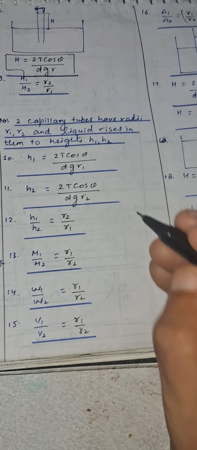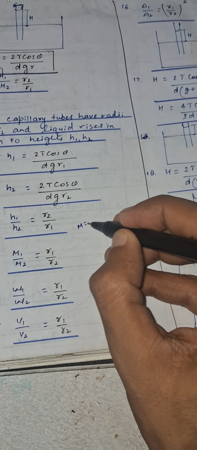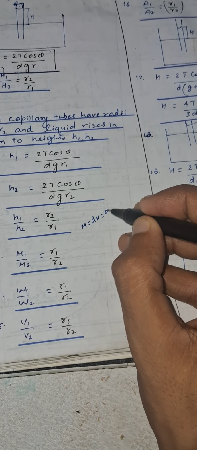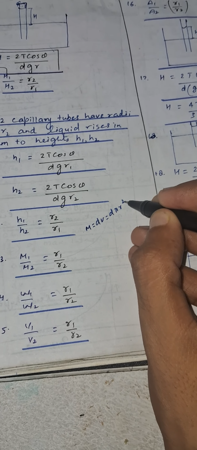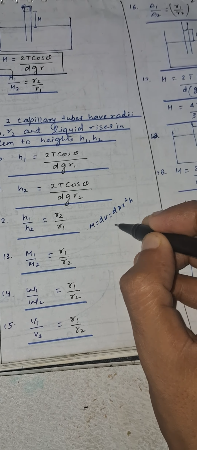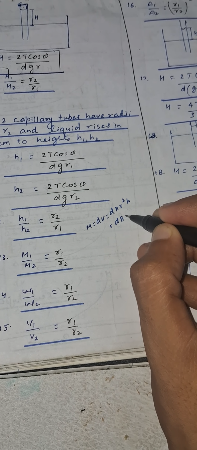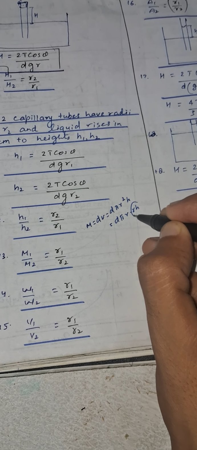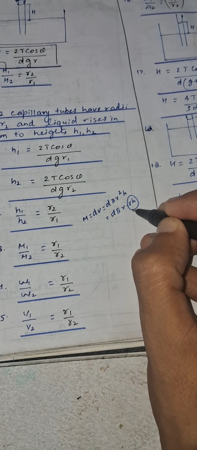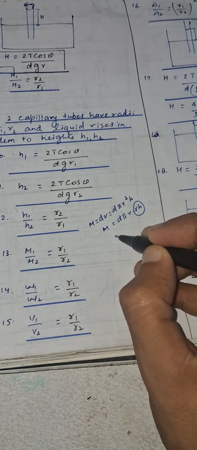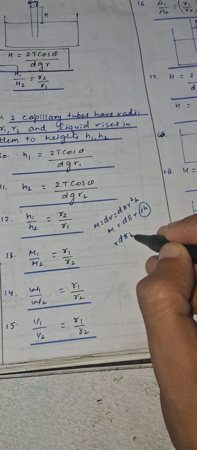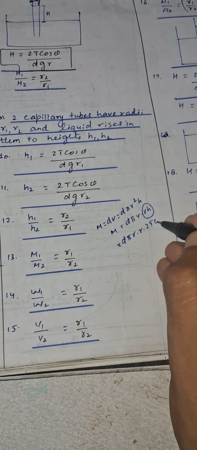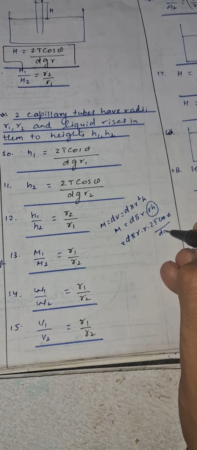You see, this mass relation can be derived: mass is density into volume, and volume here will be pi r square h. So we can write it as d pi r into rh, and according to Jurin's formula that rh term will be constant. So we can write h is 2T cos theta by rdg.